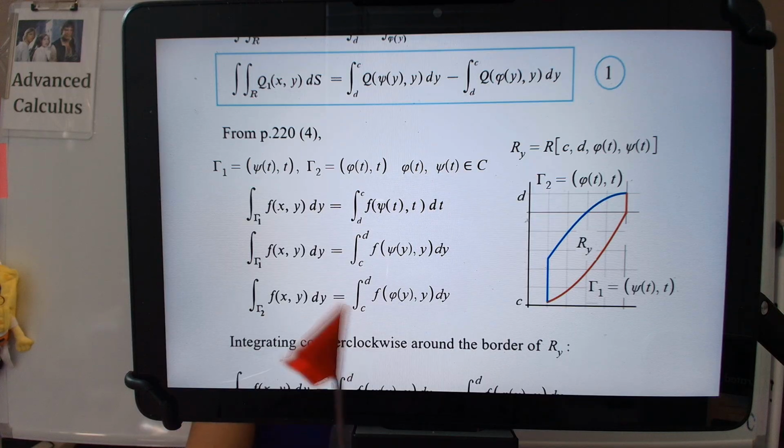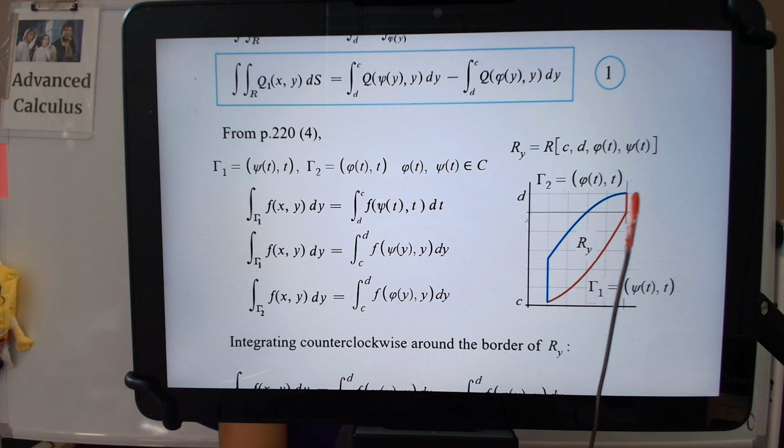So tau 2 is only continuous, and then tau 1 in a similar way is equal to the psi of t, which is the first part, plus the other part, both parts together become tau 1. And the blue one is tau 2, which consists of two parts with a corner there. And so is tau 1, because now we're looking at this thing from the y perspective.